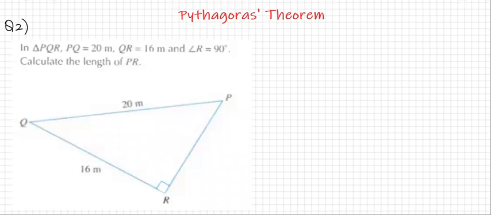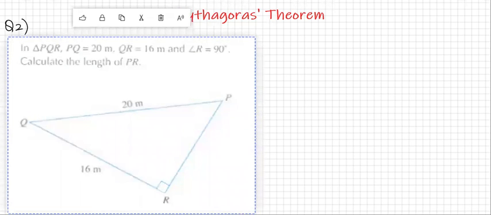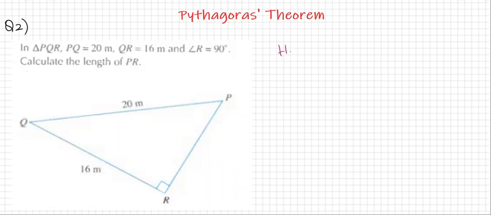As you can see in this question, the opposite side of 90-degree, which is the hypotenuse, is given in the question along with one other side. So in such case, when the hypotenuse is given, what we do, we subtract the other given side from the hypotenuse. Here we have to find out PR.